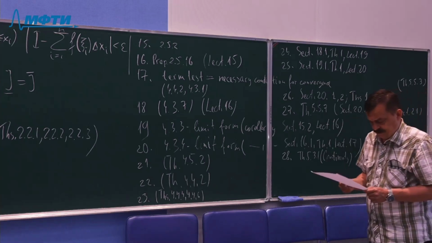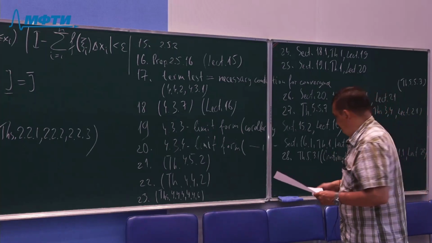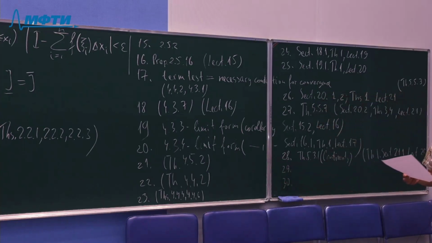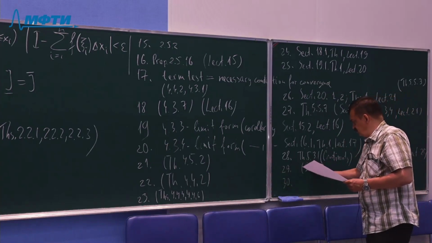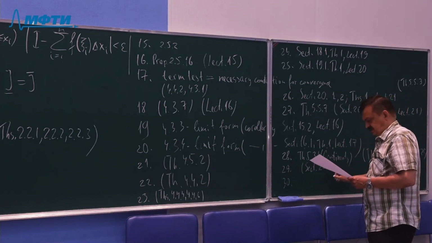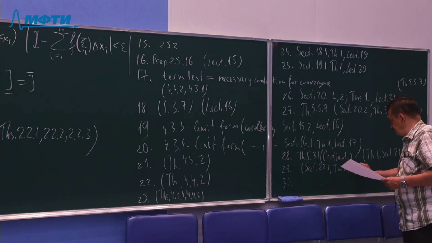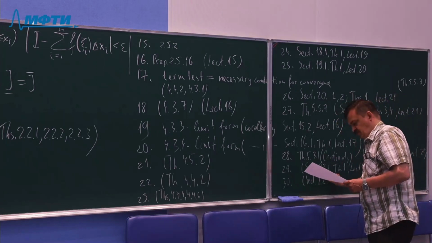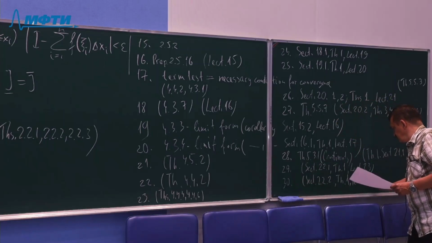Okay. And yeah, for questions 29 and 30, you may also look in lecture notes, integration and uniform convergence and differentiation, but also they are given in section 22.1, theorem 1, lecture 23, and section 22.2, also theorem 1, lecture 23, same lecture.